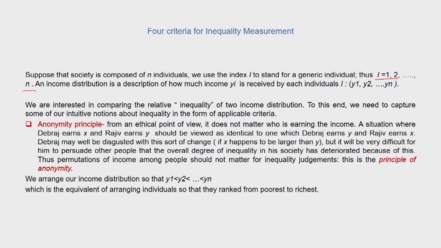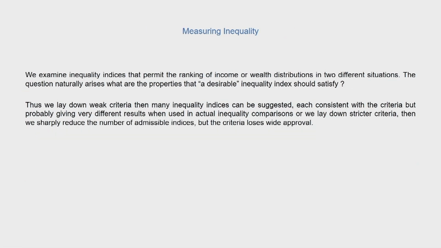So we are arranging our income distribution based upon this principle, where y1 is less than y2 and so on. The incomes are arranged sequentially in an increasing order, which is the equivalent of arranging individuals so that they are ranked from poorest to richest. So an individual earning y1 has the lowest income, and the individual earning yn has the highest income, and so on. So that is the anonymity principle.